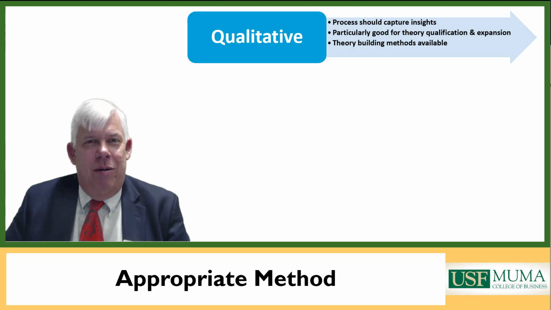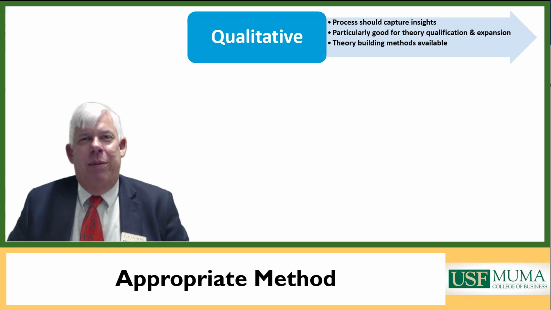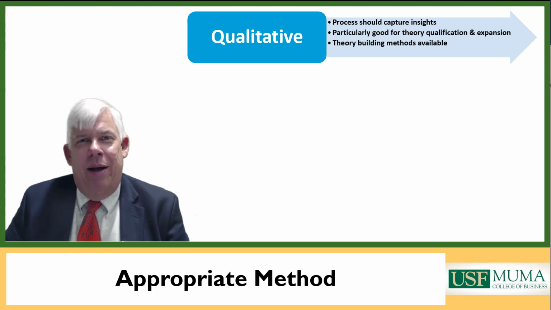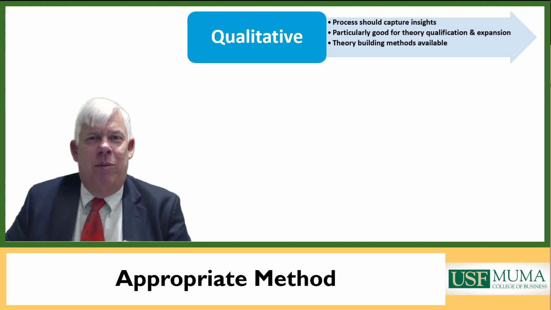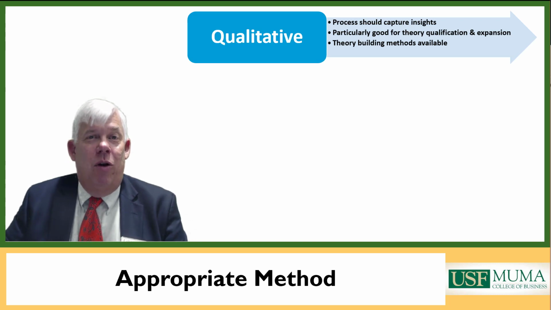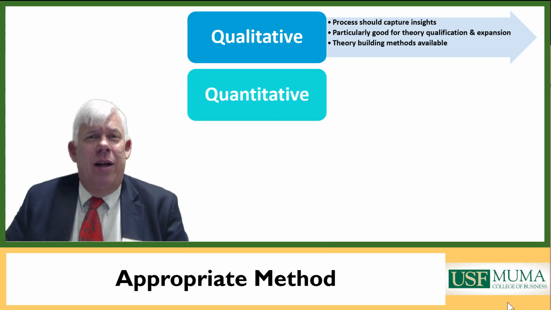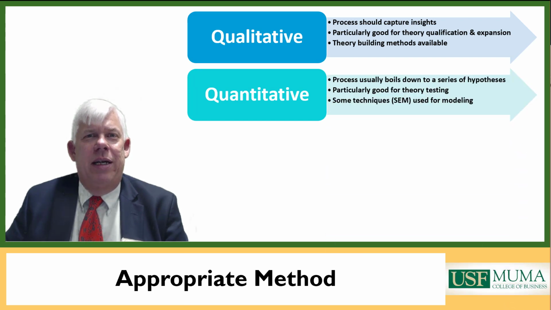And qualitative research tends to be good at theory qualifications, determining the boundaries of a particular theory and theory expansion, getting insights that were not available previously. There are also specific theory building methods like grounded theory that you can attach your paper to that fall into the qualitative domain.